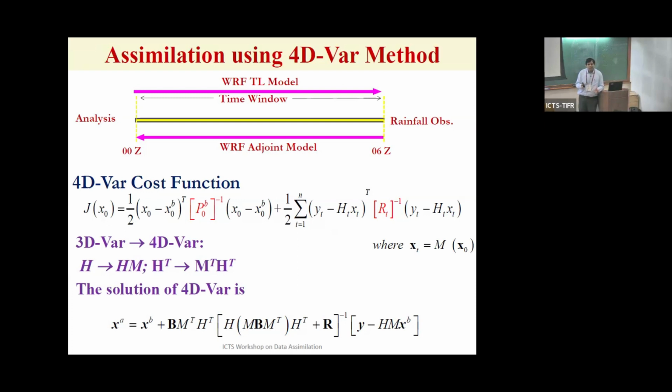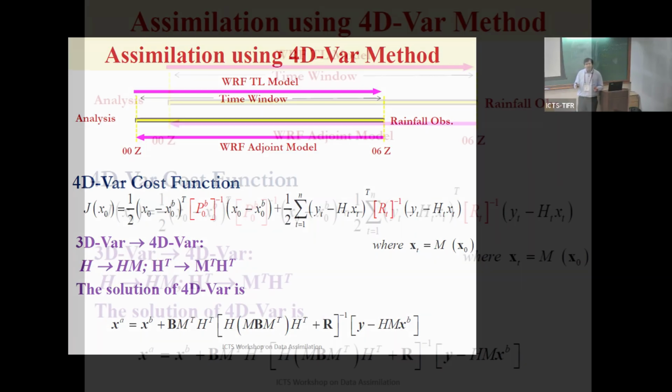Okay, so when you check your initial condition, the value of rainfall is not there. It will be initialized as 0 whenever you start your model. So how do we use rain as an assimilation in 3D-Var or 4D-Var? We run the model for the next few hours, maybe 3 or 4 hours.